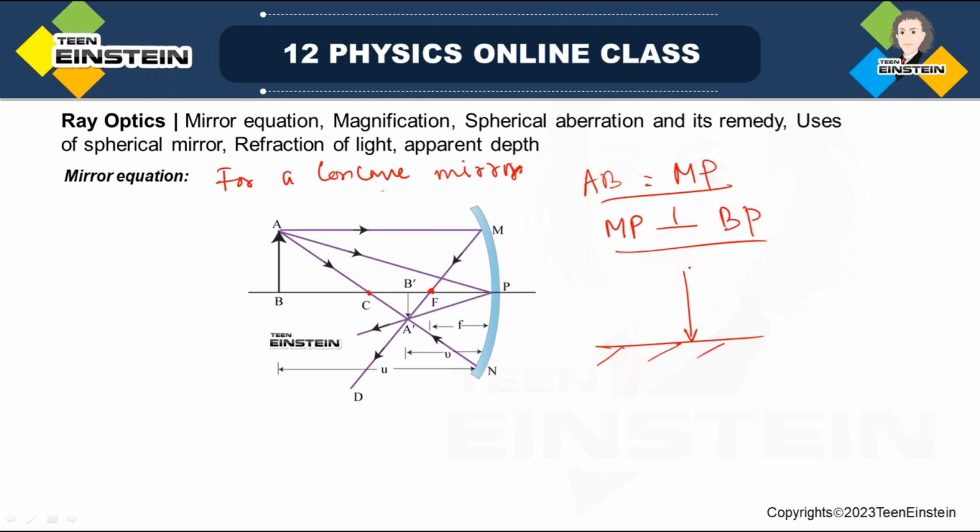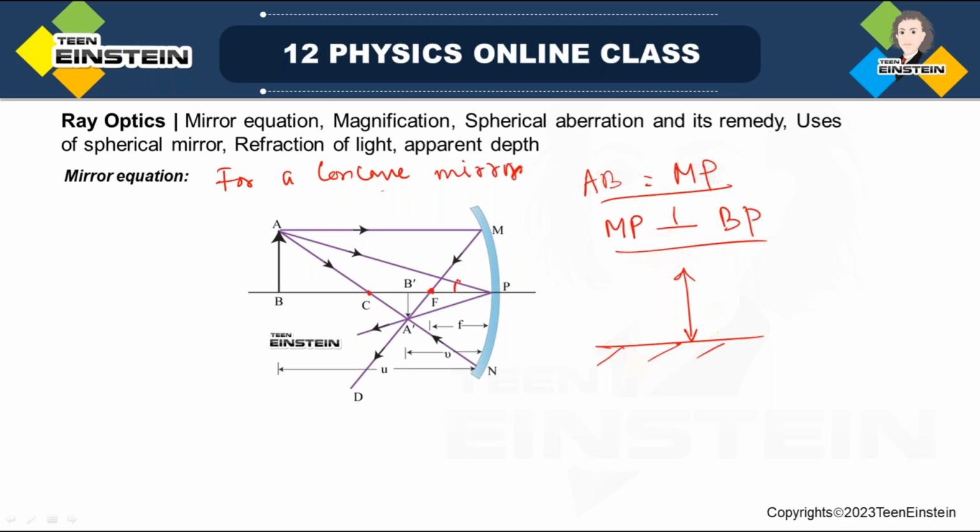So it is like the case of a plane mirror with normal incidence. If the ray is coming like this, it will just retrace the path. So that is happening here also. It is retracing. You can see this is the reflected ray. Now I can take another ray which is an oblique ray. Oblique ray in the sense it is making a certain angle at the mirror.